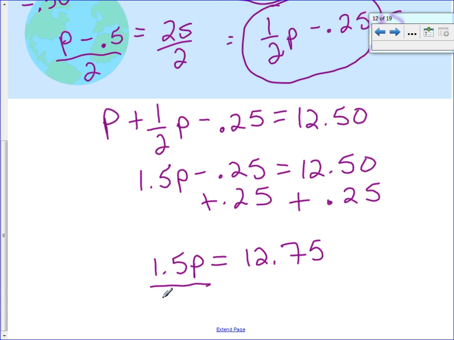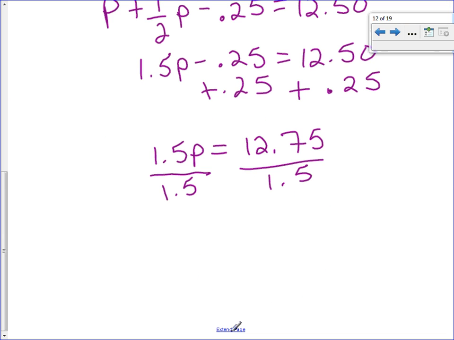Then I'm going to divide by 1.5 on both sides. What's 12.75 divided by 1.5? $8.50. Does everybody understand how we got that?